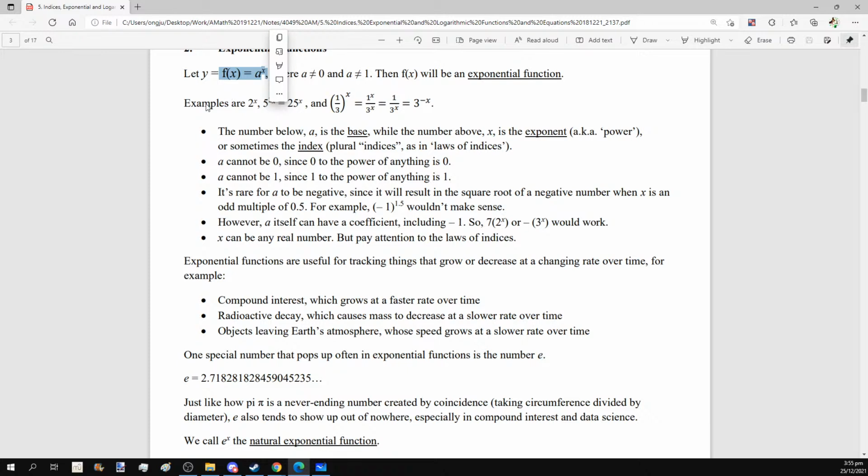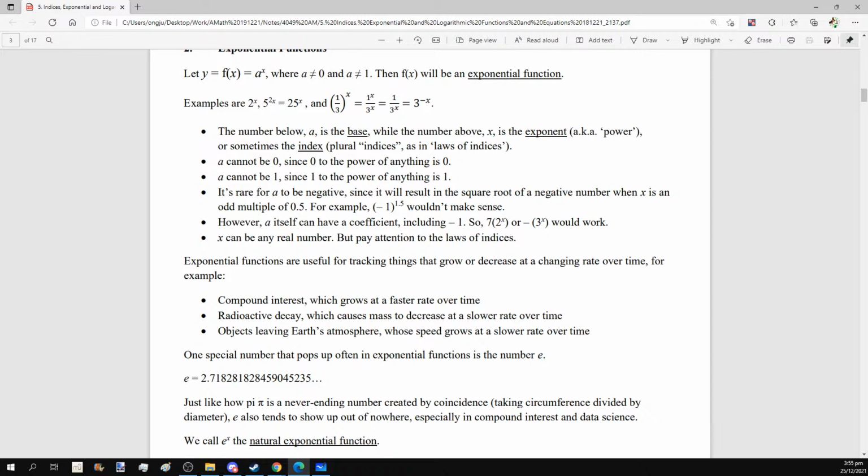So as long as we don't have those two forbidden numbers, we will call this an exponential function, and then we can see all kinds of formulations like so. The number below will be the base of the exponential term, whereas the number above x is the power, aka the exponent. We can also call it index, but it sounds a little bit weird because the plural form is indices and most people will be confused by that. Over here, I will typically swap between exponent and power. Right?